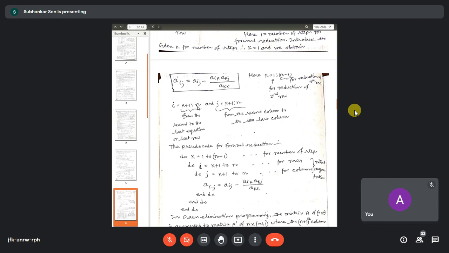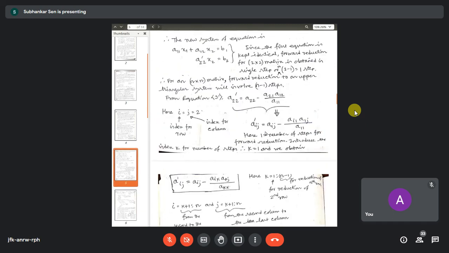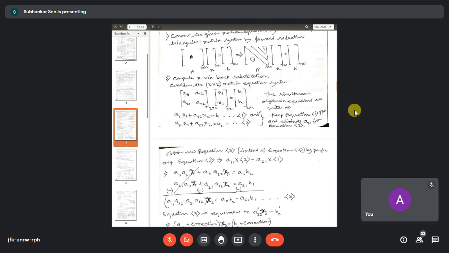Now when n is 2 and k is 1, the number of rows becomes 2. So I equals 2, and j equals 1 plus 1, which is 2, so j also becomes 2. So I and j both become 2. So you have to deal only with this term. This is the understanding.